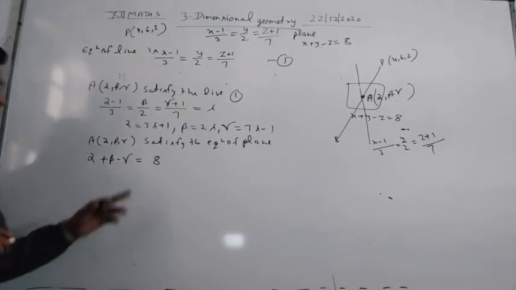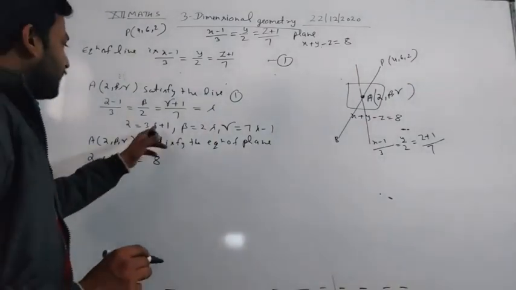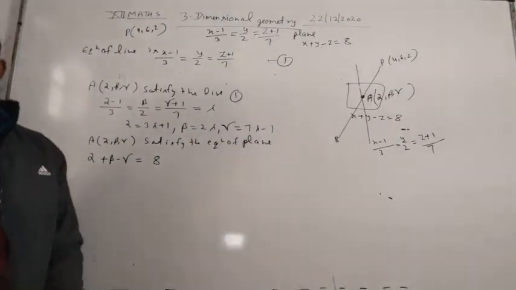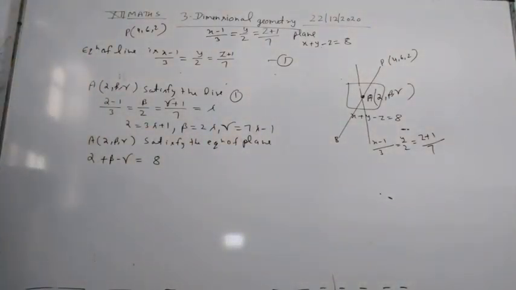Now in this equation we will write the values of alpha, beta and gamma, and we will find our lambda from here.